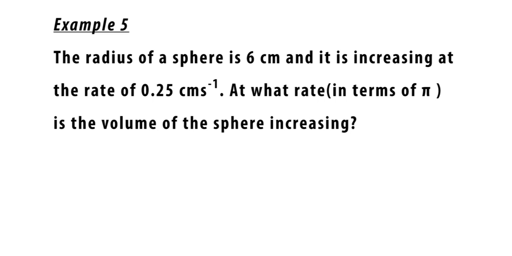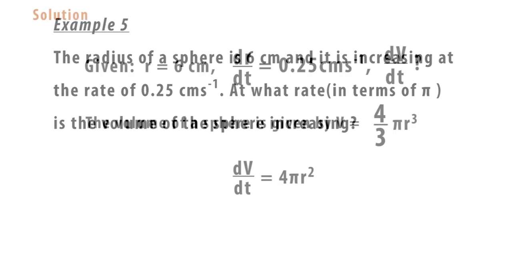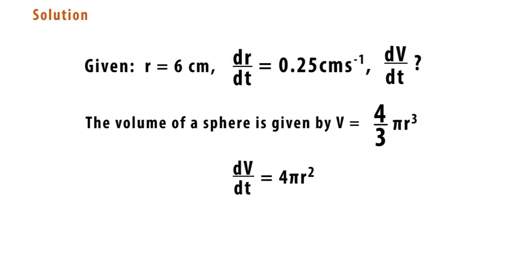Let's take the solution. We have been given r, the radius, and that is 6 centimeters. The dr/dt has been given, and that is 0.25 centimeters per second. Now we want to find dV/dt.